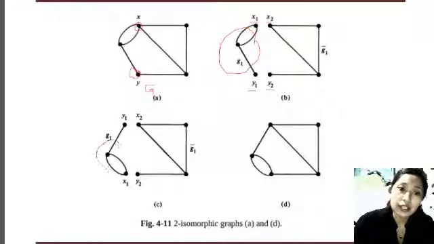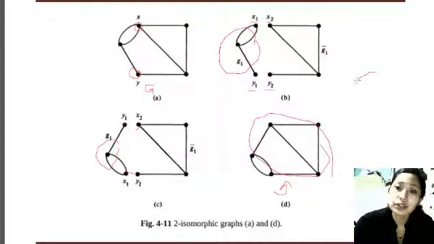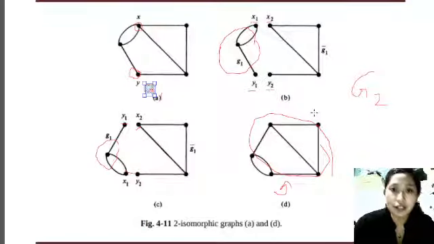Now y1 we connect with x2, so y1 and x2 become one vertex. Similarly, x1 and y2 become one vertex. After joining these, you get this resultant graph. If this resultant graph is isomorphic to the other graph provided to you, then you can say these two graphs are two isomorphic. So let us say this is G1 and this is G2. You can say that G1 and G2 are two isomorphic to each other.